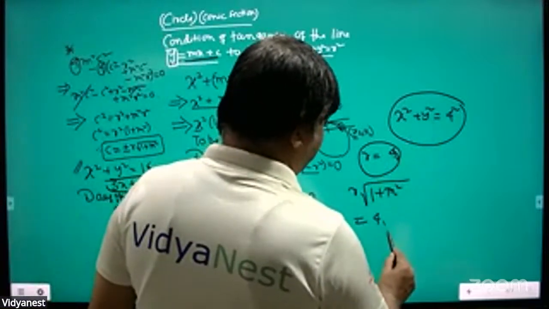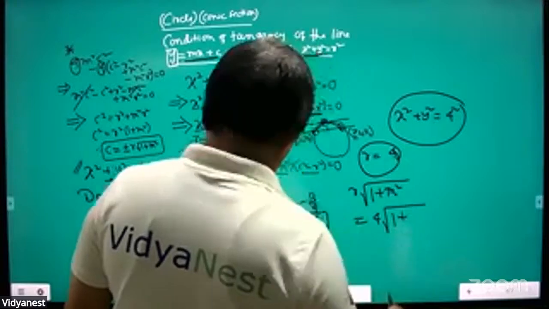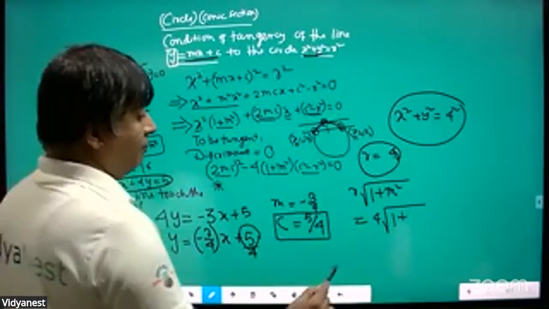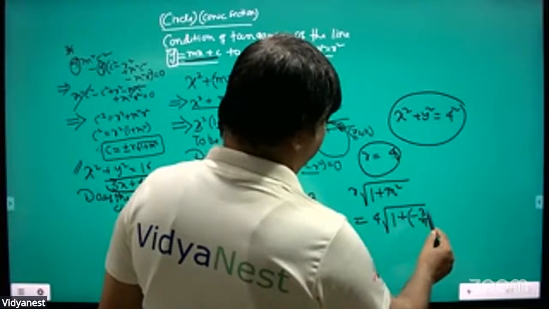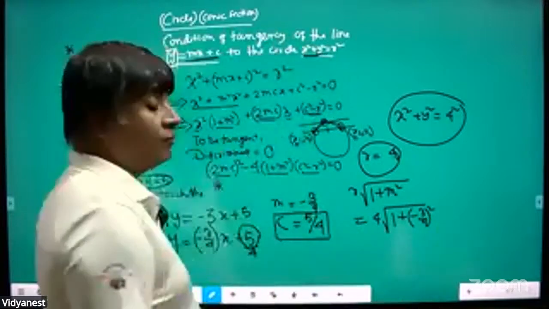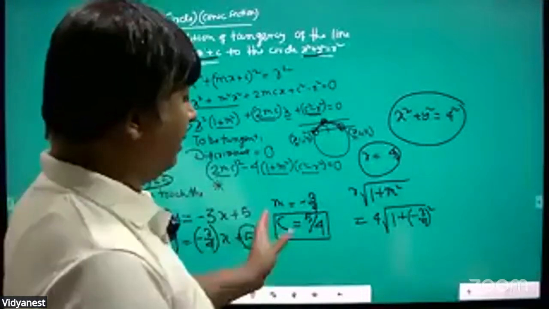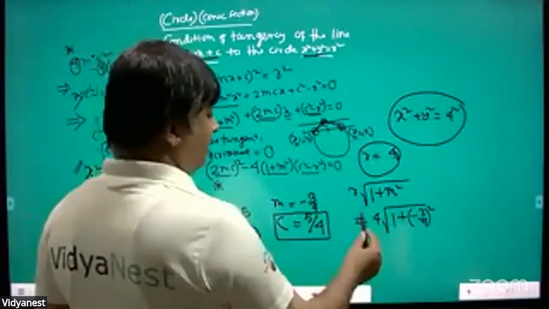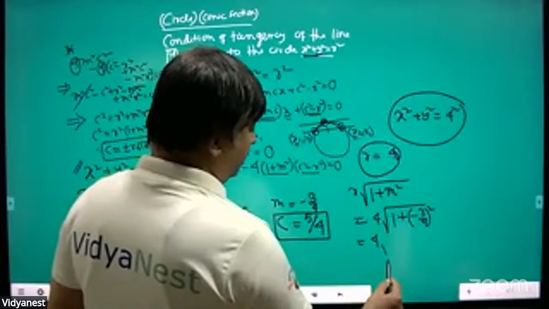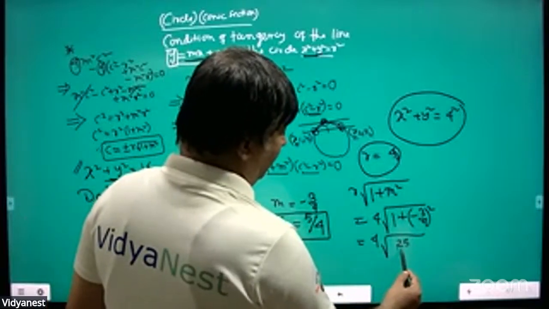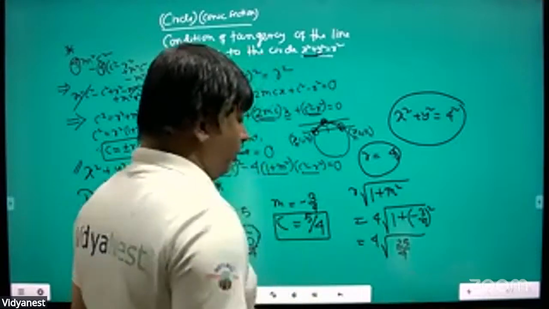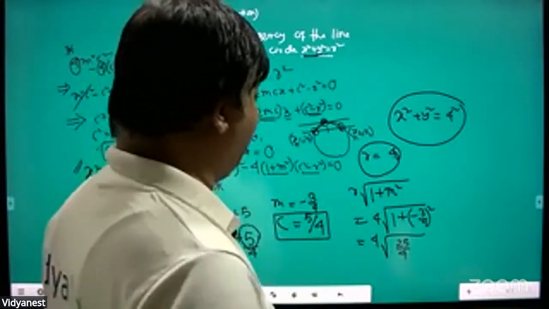M is -3/4, whole square. Then we have nothing but to take the LCM after simplifying. 9/16, 25/16, sorry.